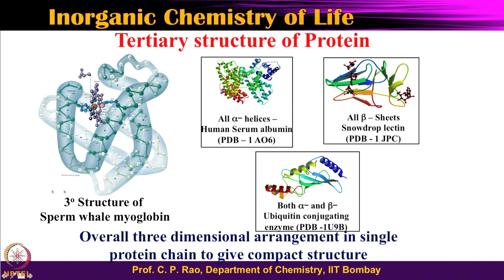The tertiary structure is a superstructure having the secondary structures as its subset, and of course the primary structure is involved. Several secondary structures together give the tertiary structure for the total protein. The example shown here is the myoglobin protein.